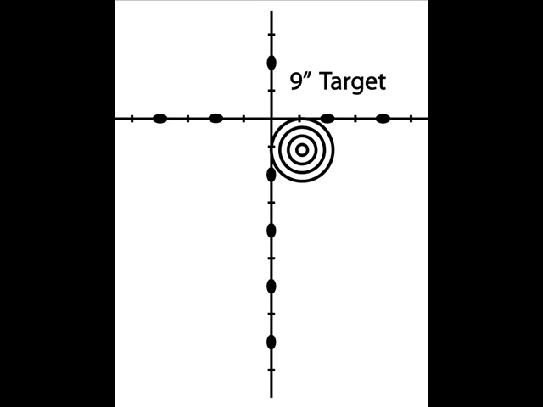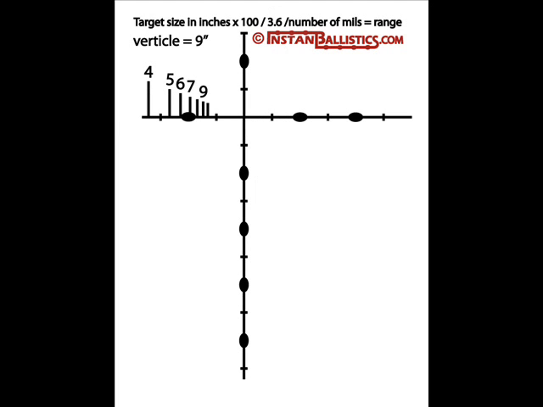Okay, now we're going to move to a 9-inch target. It's much smaller, obviously, but in this example, this 9-inch target looks to be reasonably close. It's over 1 mil. That might be 1.1 mils. In this frame, we see the relevant parts of the chart to allow you to determine the distance of a 9-inch target.